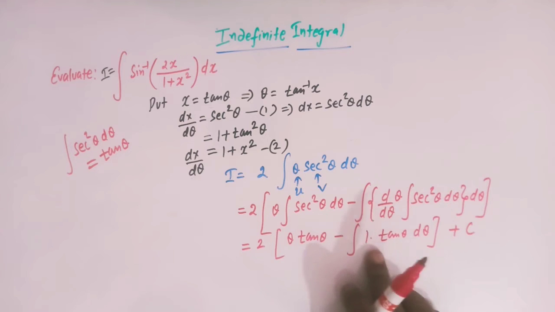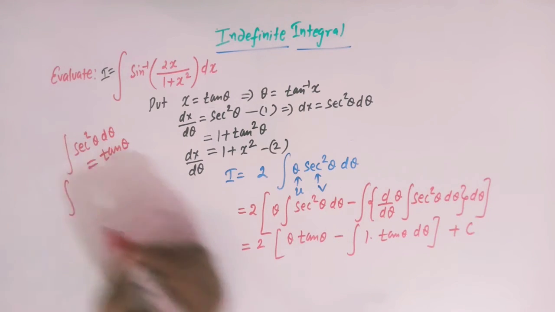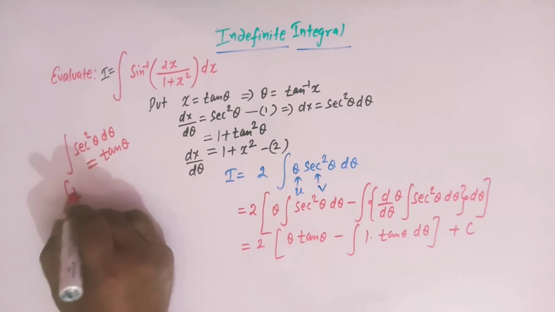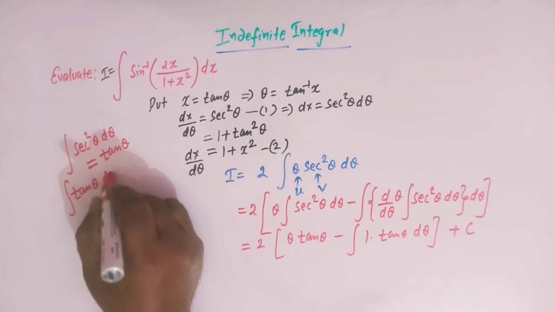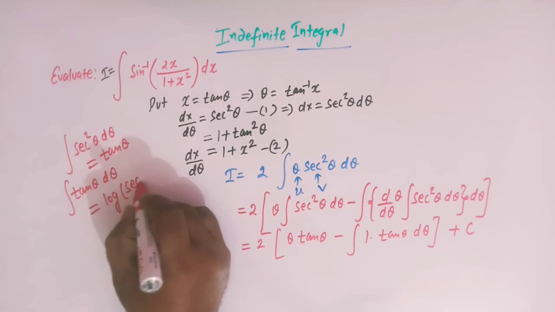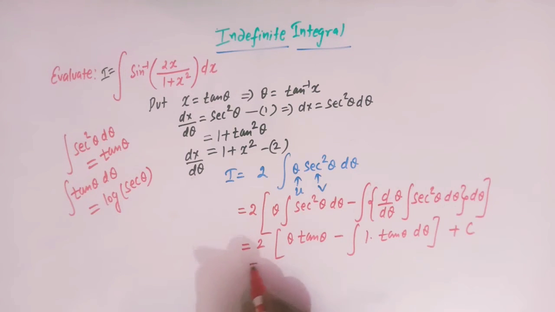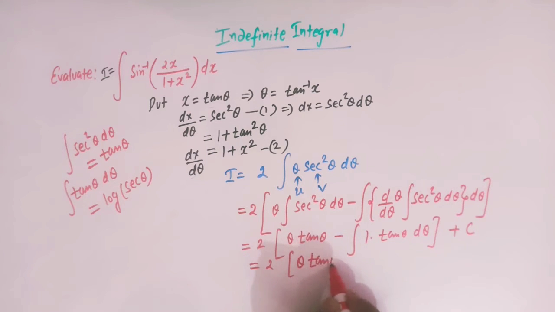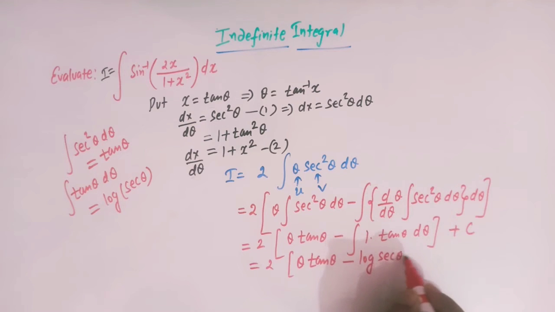Now again here we have a simple integral, that is, the integral of tan theta is given by log of secant theta. So now we have 2 times theta tan theta minus log of sec theta, and here we have c as the constant of integration.